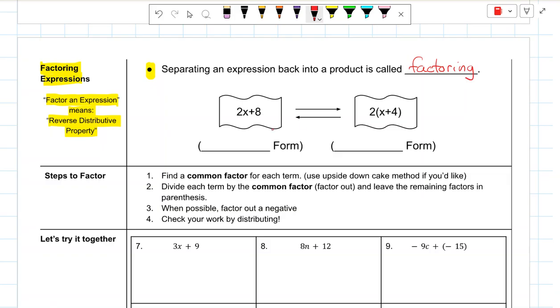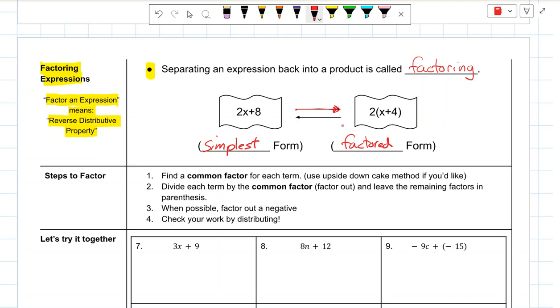And you can see we have these two flags here, and they have arrows between them. This side over here, you know from a previous lesson, is called simplest form, because there are no like terms and there are no parentheses. Now, when we go from this left flag to the right flag here, this is putting it back into factored form.